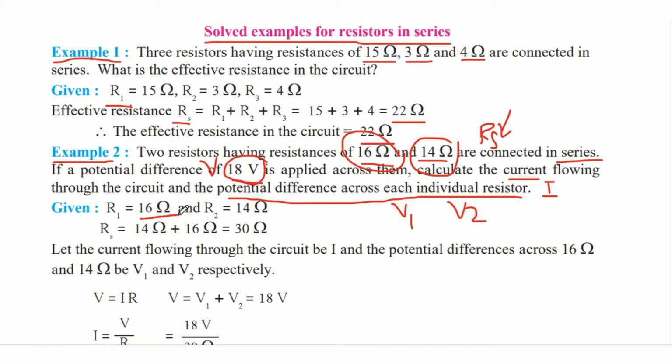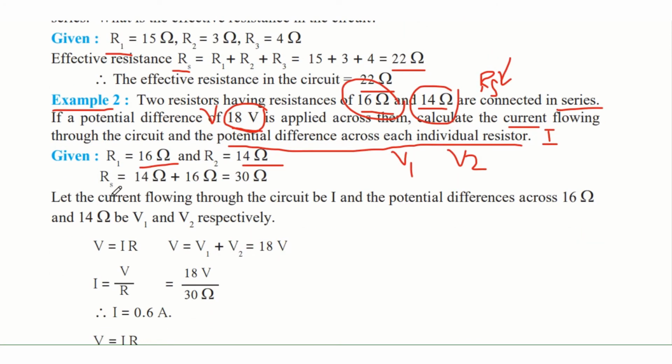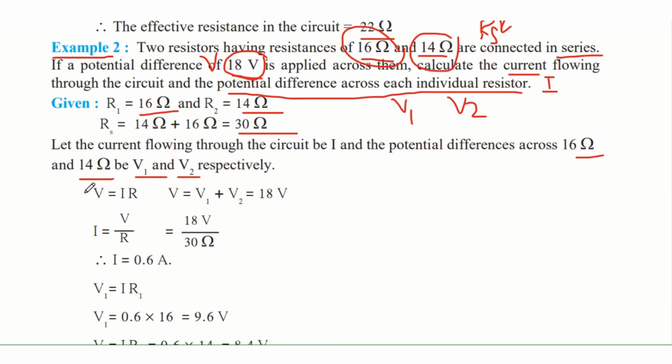So R1 is 16 ohm, R2 is 14 ohm. So RS is the sum of the individual resistances, that will be 14 plus 16, which is 30 ohm. Then they're telling us let the current flowing through the circuit be I and potential difference across 16 ohm and 14 ohm be V1 and V2 respectively. So we know from Ohm's law V is equal to IR.